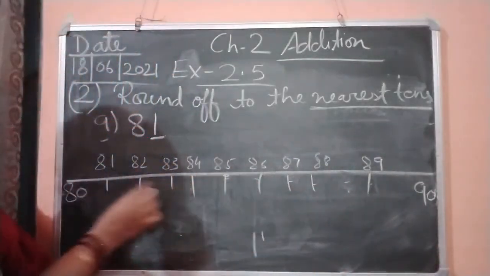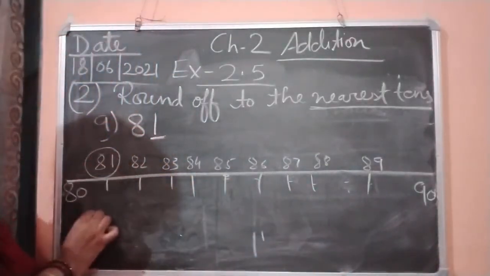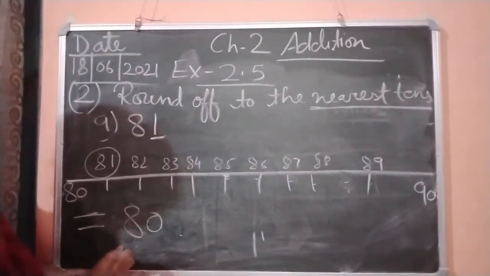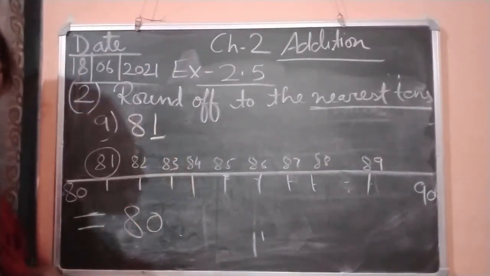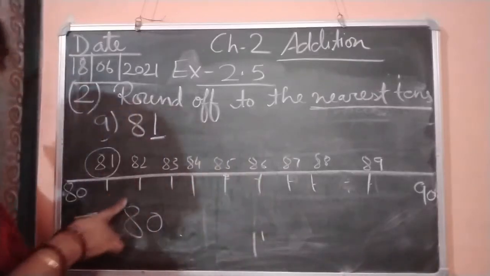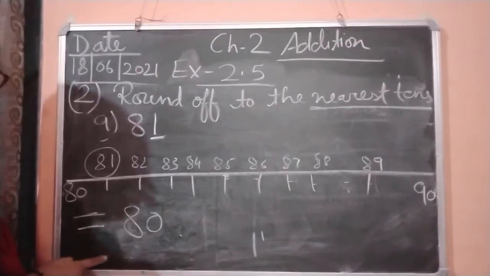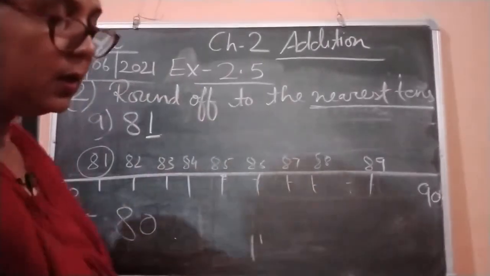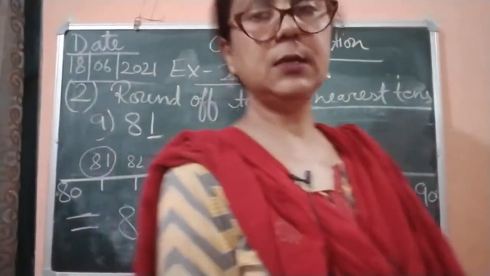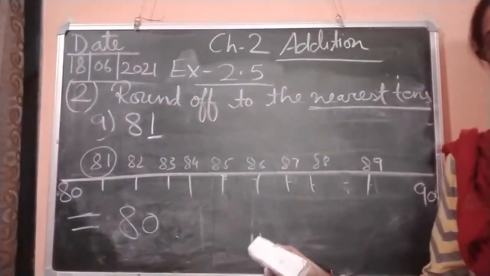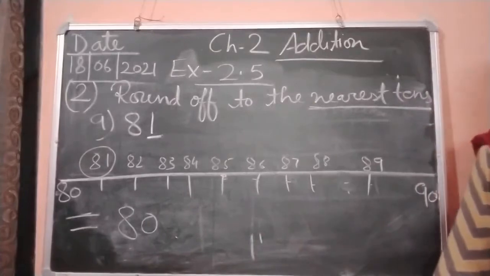That is why we will write 81 as 80, because this is 81. So we are rounding off this 81 to 80. In tens, nearest 10, it is 80.